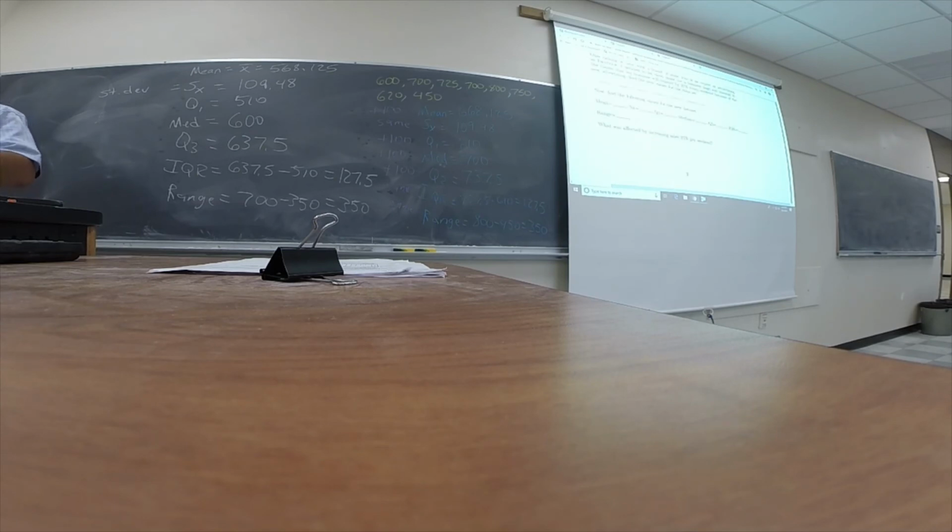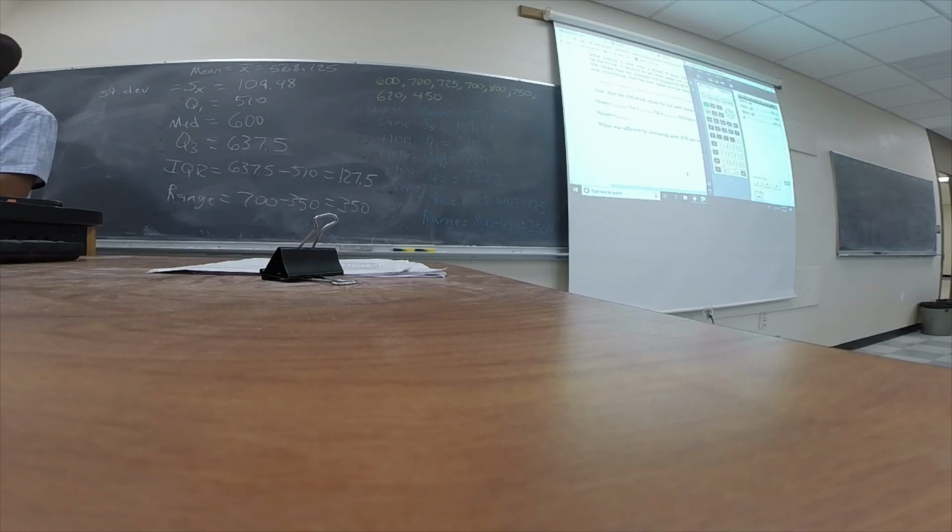Alright, so now that we've done all that, what we're going to do is find the following values for the new data set, the mean through the range. So I'm going to go back into my calculator here, stat edit, type my new list in. Okay, clear the old one out, type the new one in.